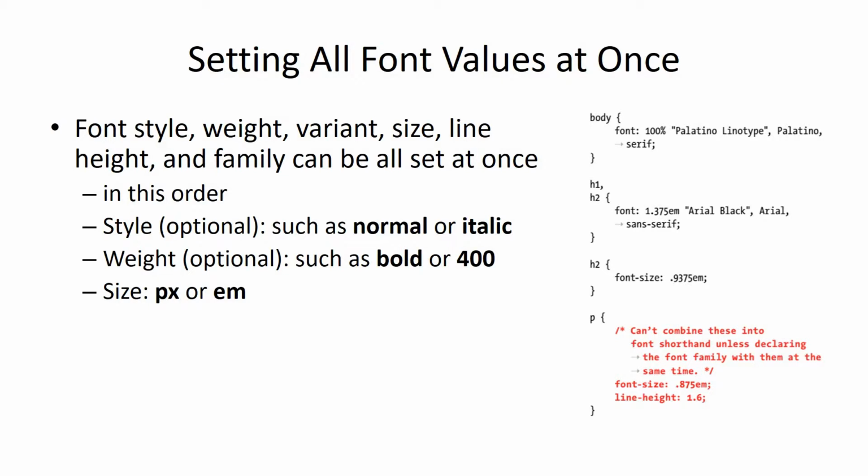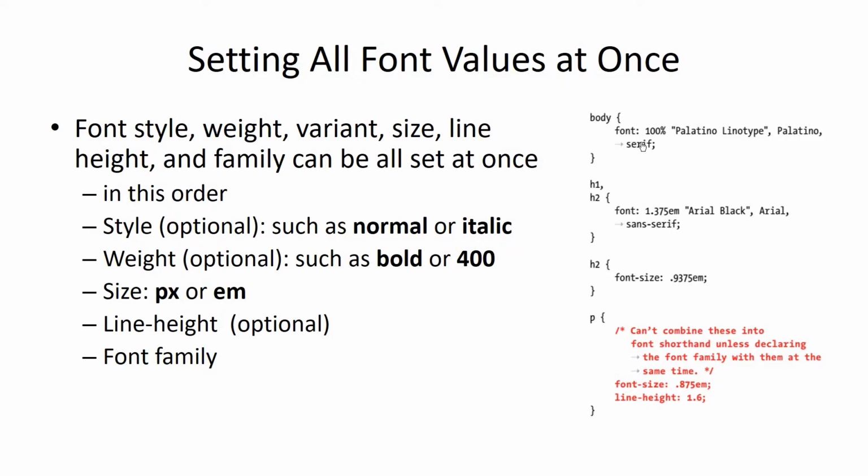This is compulsory, so you have to have it. You can specify it either in pixels, which is absolute size, or em as relative size. Next is line height. Again, this is optional. And finally is font family. This is the second compulsory value, so you have to have a font family specified.